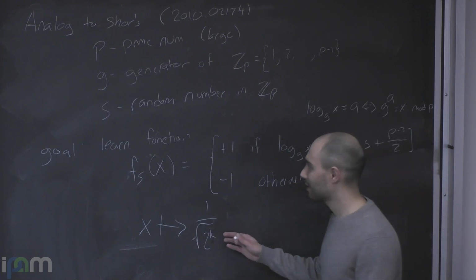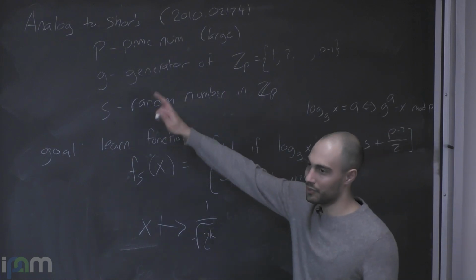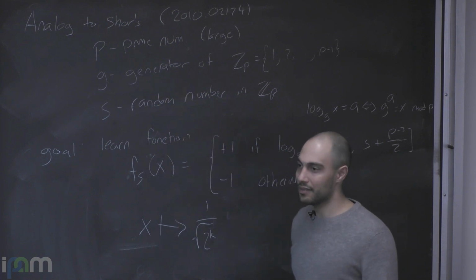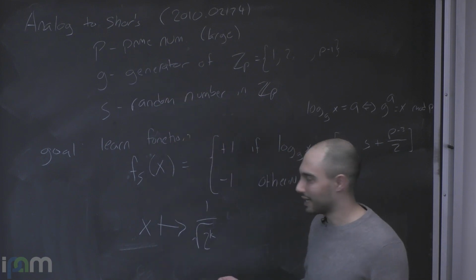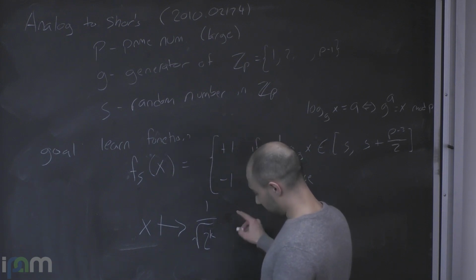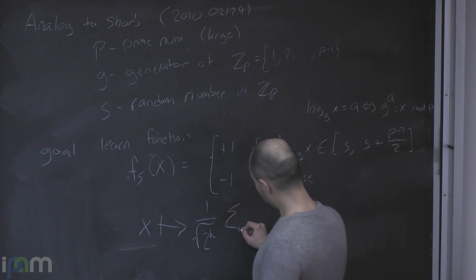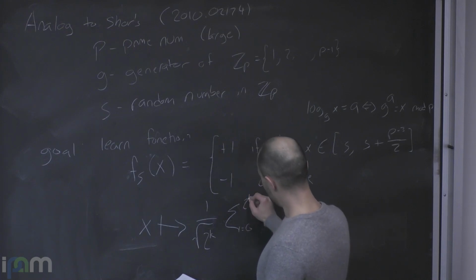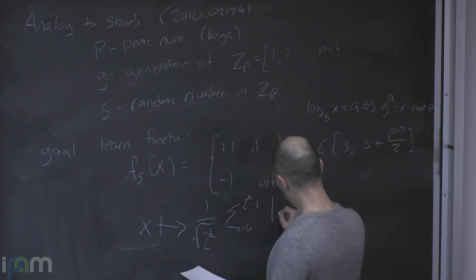Just think of it as some number roughly on the order of p divided by the number of data points. Then the sum for i equals 0 to 2 to the k minus 1 of |x times g to the i>.